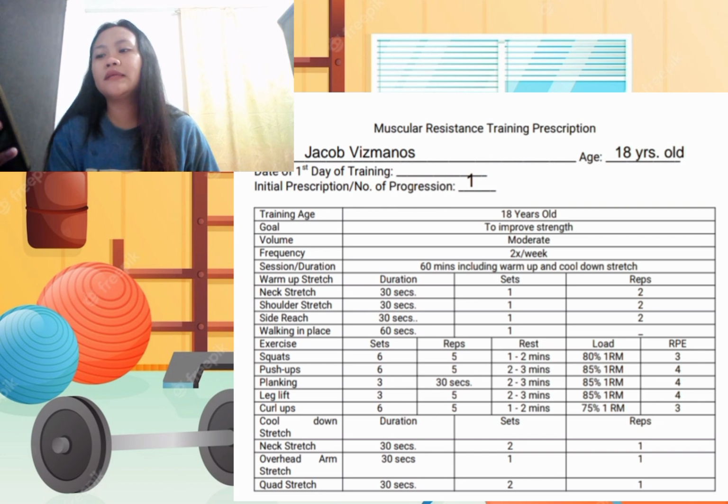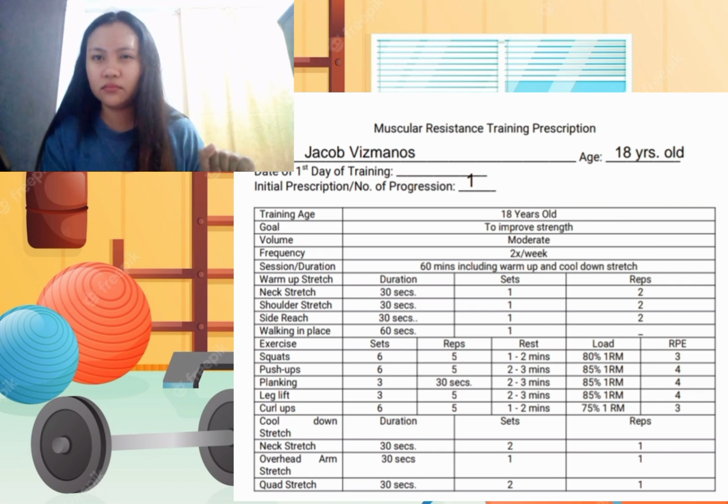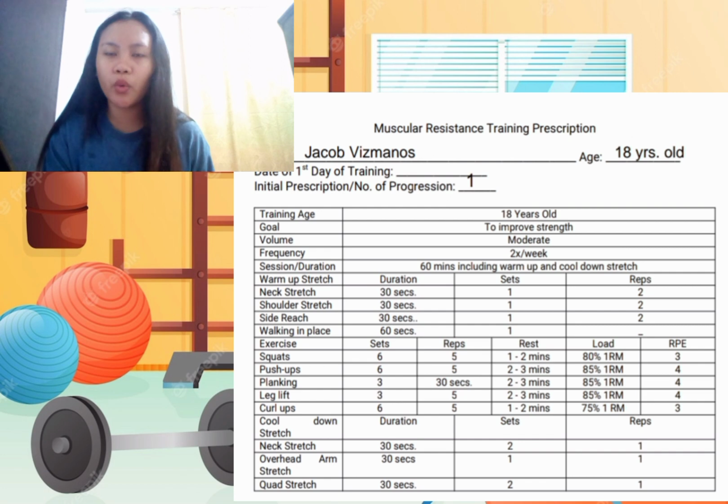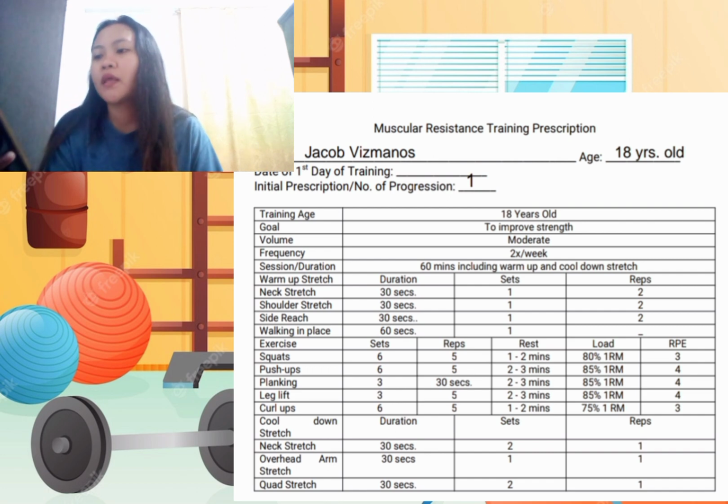In this column, there isn't any formula. You will only have to evaluate or estimate the possible performance of your trainee.